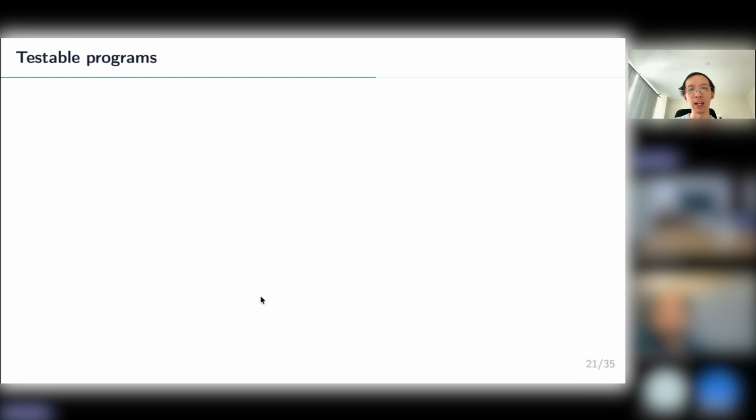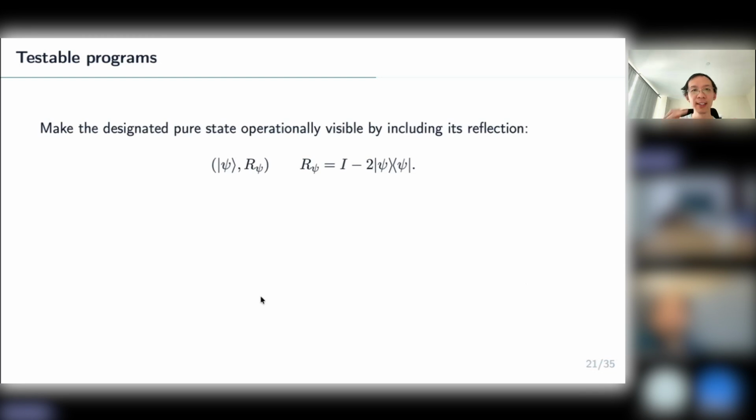Okay, so that's where we arrive at this notion that we proposed called a testable program, which is exactly this more careful definition of a pure state program. So the idea is that rather than saying that we look at every pure state in the support, which is not really operationally well-defined and is not mathematically unique, we are going to consider a testable program to be a pair of two programs.